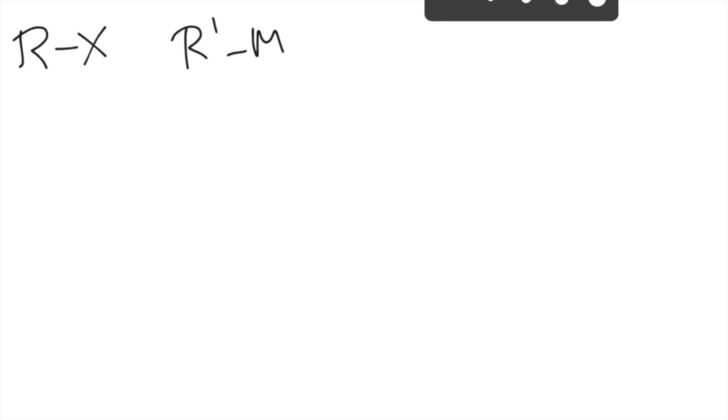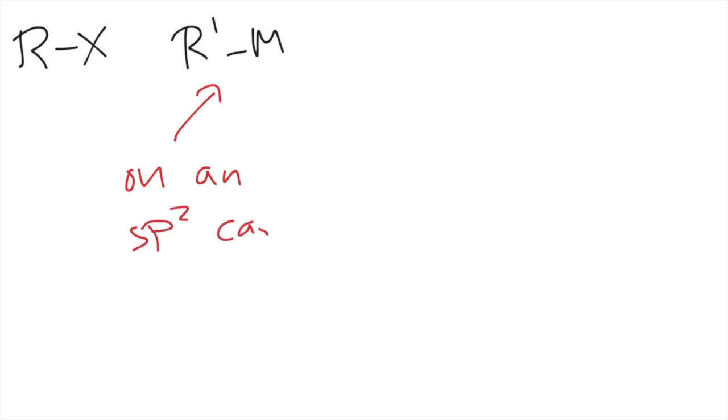So the big thing here is you're going to have that same Rx, but then you're going to have R1 with some metal on it. The metal is typically on an sp2 carbon, but not always. But the most common ones are on an sp2 carbon, right? And then the rest of it's the same.